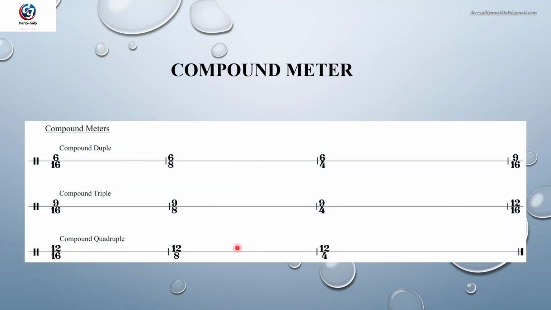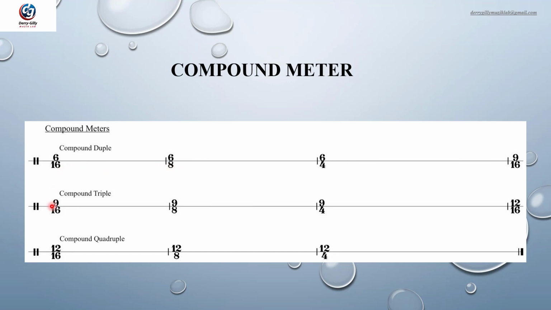Now, let's look at the compound meters and their respective labels. Compound duple will have 6/16, 6/8, 6/4, and 9/16, because this one can be divided into two first divisions.